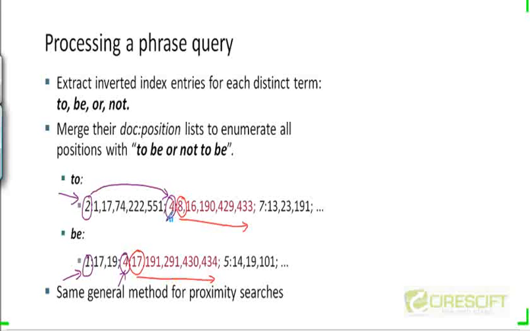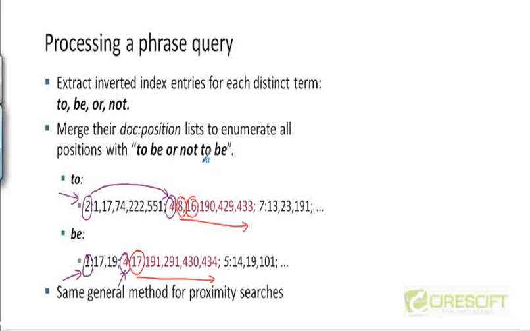And when will we output something to the answer? When we reach a pair of values such that the difference between these two is exactly 1. So right now 8 is much less than 17, so we'll increment this pointer to point to 16. Now 16 is less than 17 by exactly 1. So this document does contain the phrase to be.